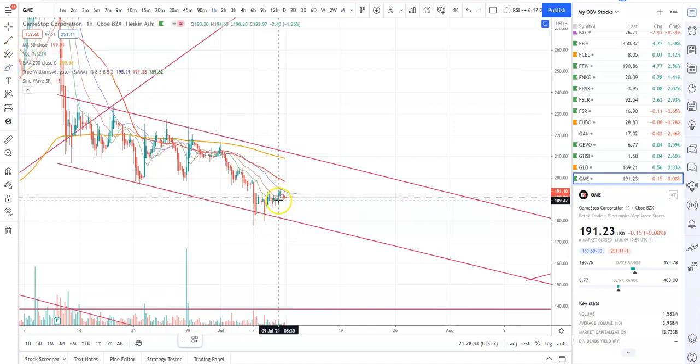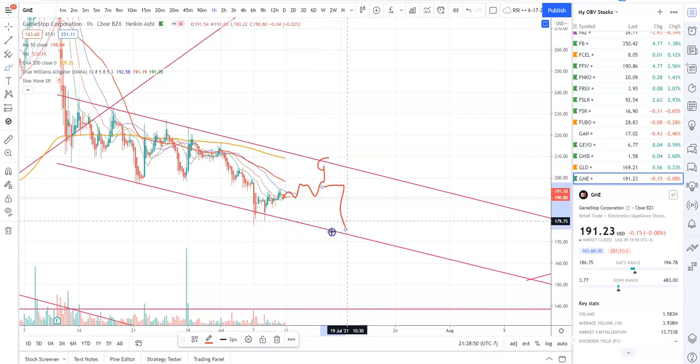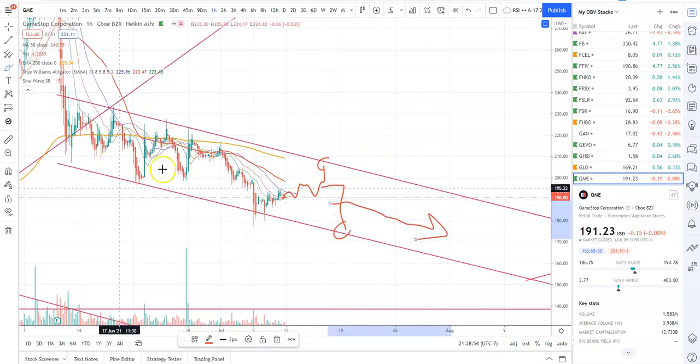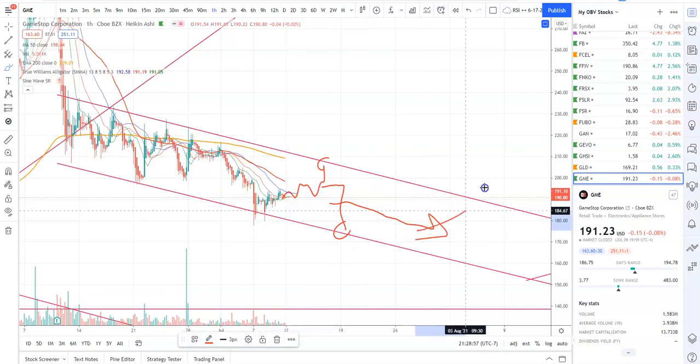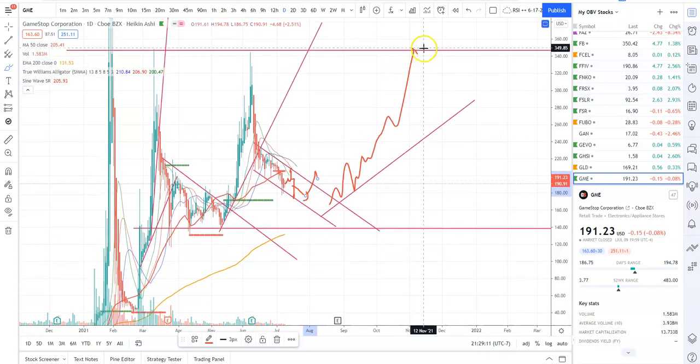So expectations: something maybe working up to the top of this band or sideways and then perhaps coming back down here, but a slow working down of prices inside this short-term channel until finally we can get a breakout of this short-term channel and potentially allow prices in GameStop to head back towards the top of this channel around the $350 area. So that is what I'm looking for in GameStop.